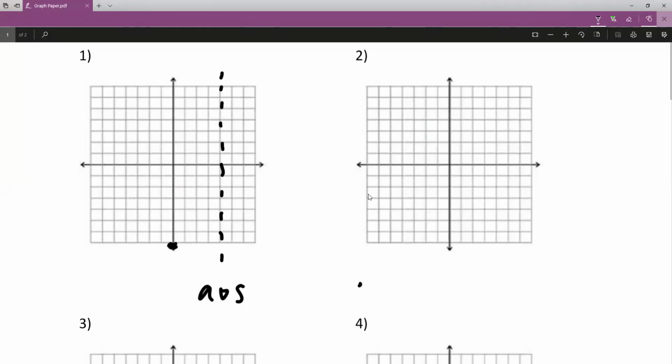My vertex should be at 4, 1, already established that. I have 2, -1. Another point at 6, -1. And then my last point is at 8, -7. 8 would be out here, -7 is down here. It did go off the graph, and that's okay.